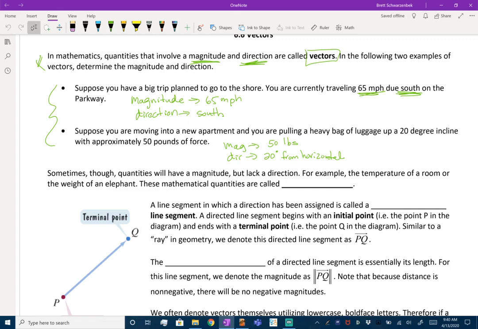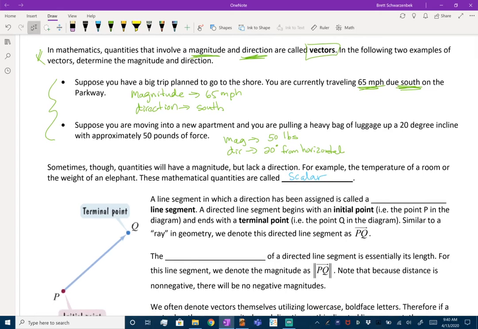So 68, 70 degrees Fahrenheit, that's a scenario where you have a temperature which is clearly a magnitude of some kind, but there's no direction to temperature. So in that case, we would call that a scalar. So scalars and vectors are two concepts that often go hand in hand. You learn about scalars that are just a magnitude and vectors that are a magnitude and a direction.